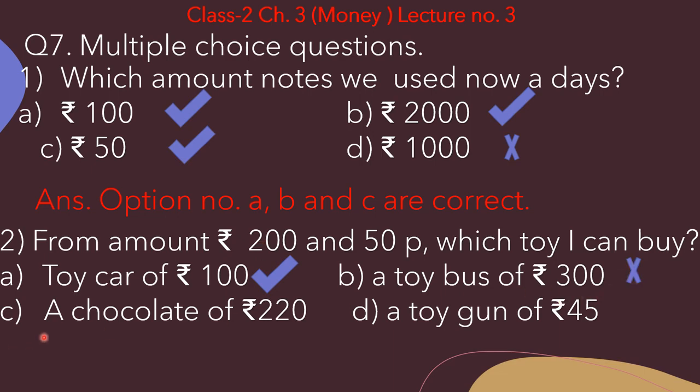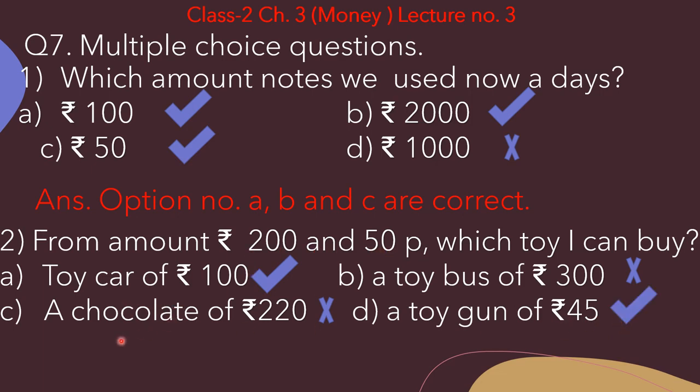Now in option C it is given a chocolate of rupees 220. Beta, the amount of the chocolate is greater than the amount I have. So I cannot purchase this also. So I will cross it. Now in option D it is given a toy gun of rupees 45. Yes, I can purchase it easily because the amount of this toy gun is smaller than the amount I have. So I can easily purchase this toy gun. So I'll tick for this.